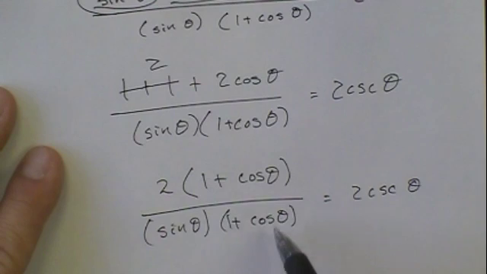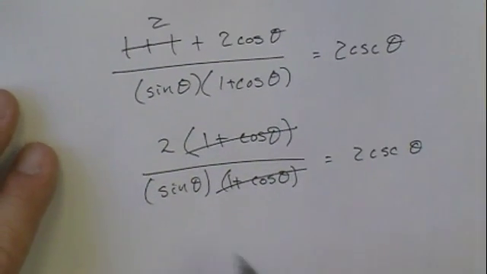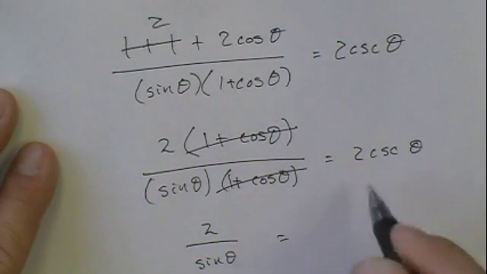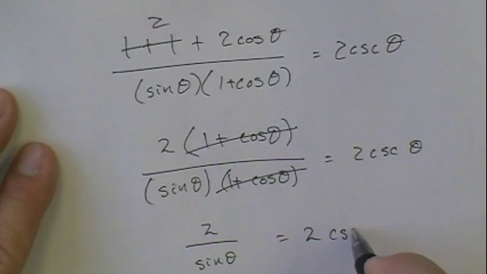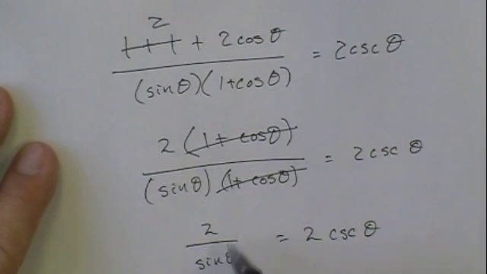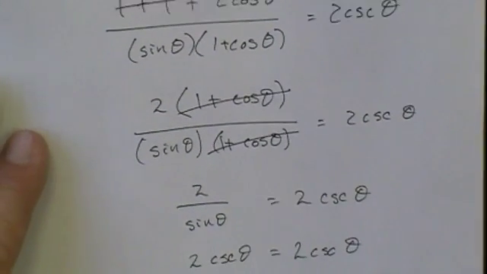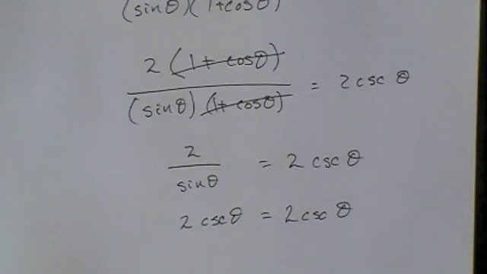Those two quantities would cancel out, so we're left with 2 over sine of theta. And we know that sine of theta is a reciprocal with cosecant, so 1 over sine of theta is equal to the cosecant. So what we now have is 2 times the cosecant of theta equals 2 cosecant theta. And now we've established that this would have to be true.